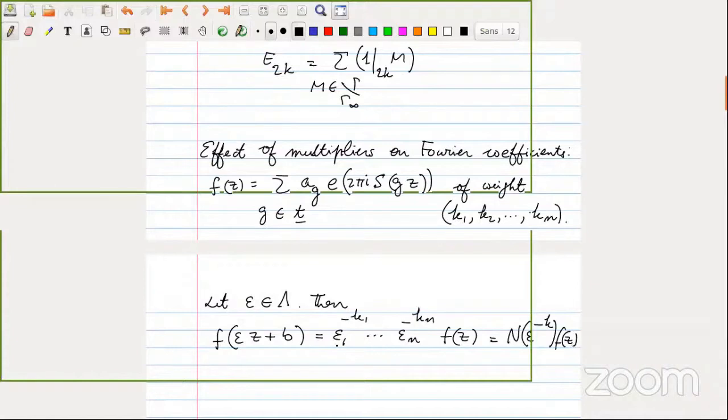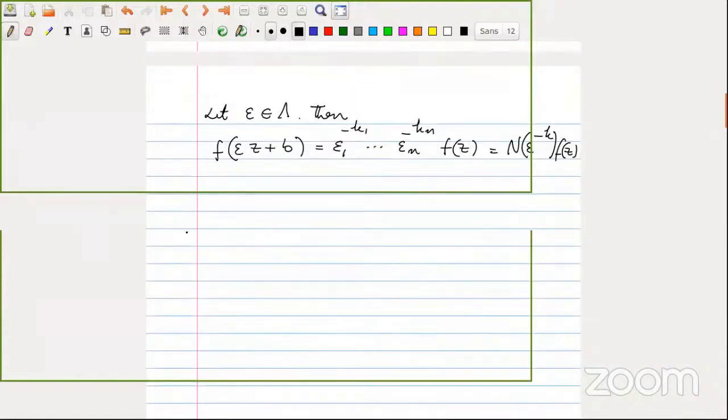What do we see from here? We see that the Fourier coefficient a of g epsilon will be equal to the Fourier coefficient a_g times e to the power of 2 pi i s of gb, the trace of gb, times this n of epsilon to the power of k.